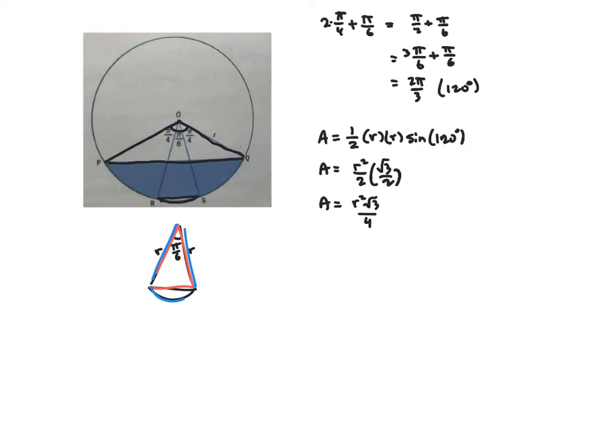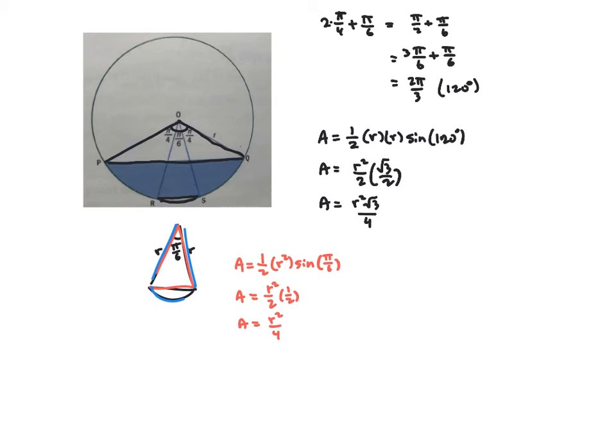So the area of the triangle will be 1/2 R, we can just go with R squared, because we know it's going to be R times R, sine of pi over 6. Okay, so that would be R squared over 2 times 1/2. So that area would be R squared over 4.